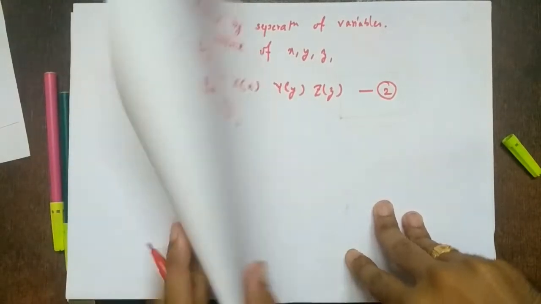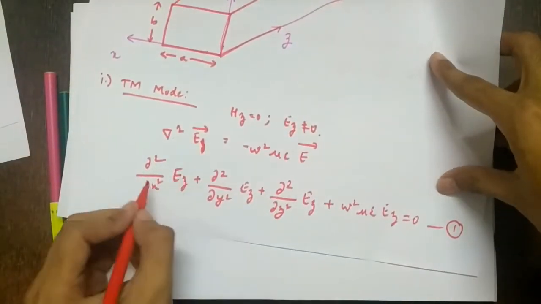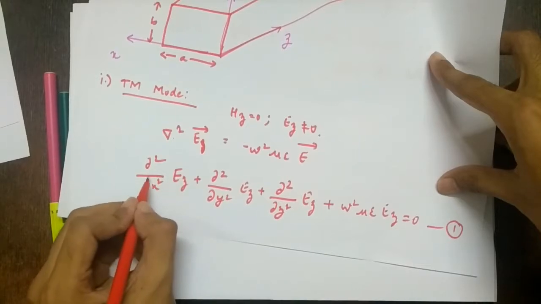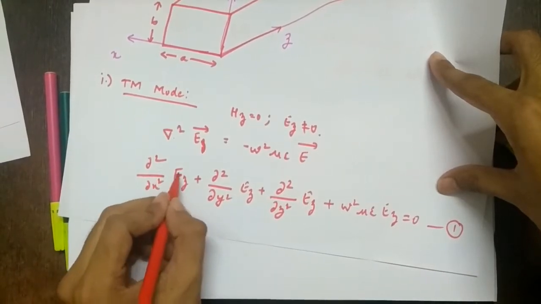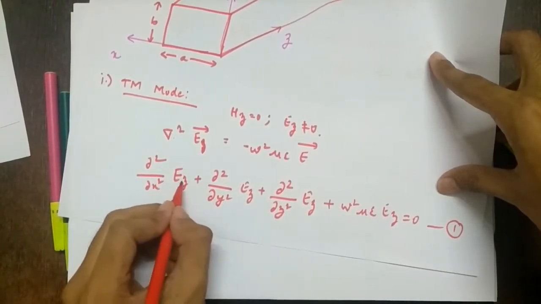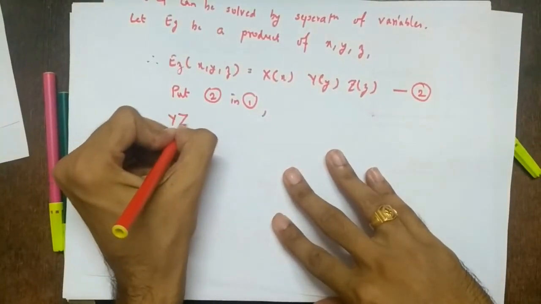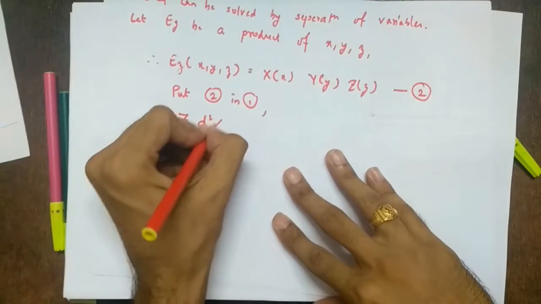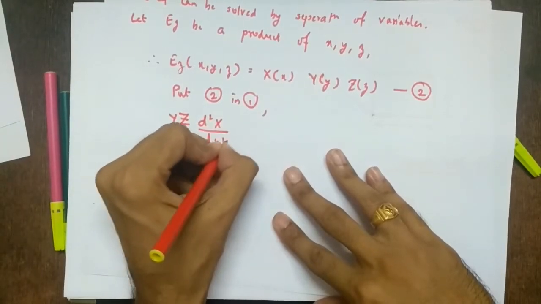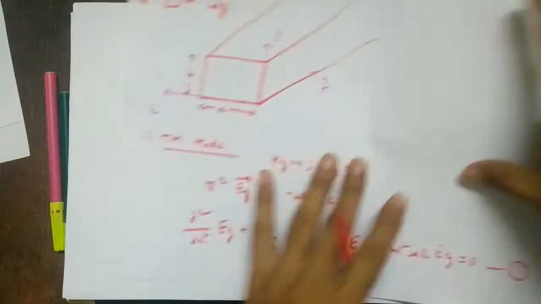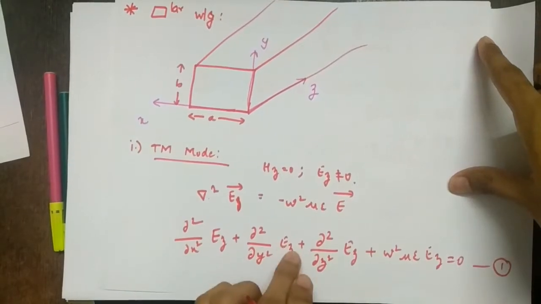Ez is what? X, Y, Z. Capital X, capital Y, capital Z. It is a function of x, y, z, that is assumed. So with respect to x, Ez will be what? With respect to x, Y and Z are constant. So what will it be? YZ d square X by dx square plus del square by del y square. With respect to y, X and Z are constant.